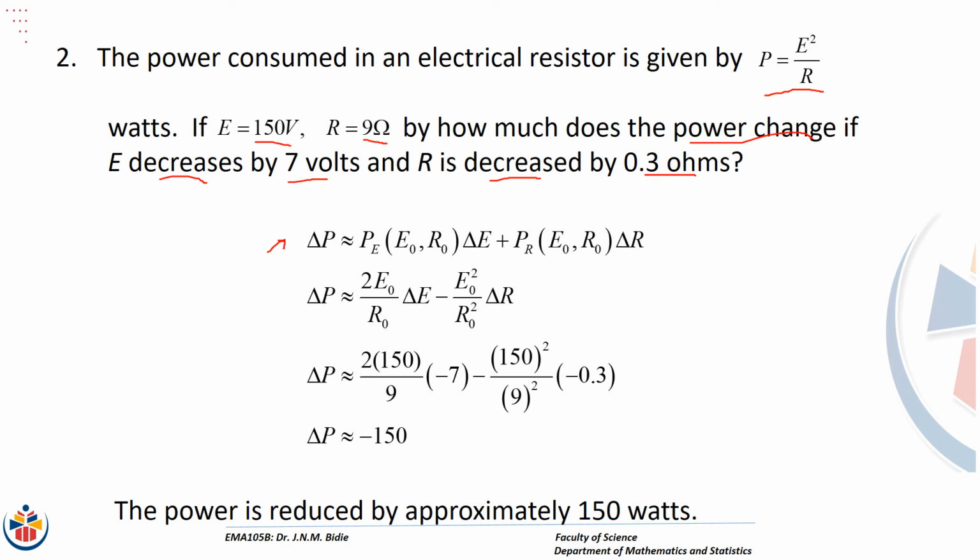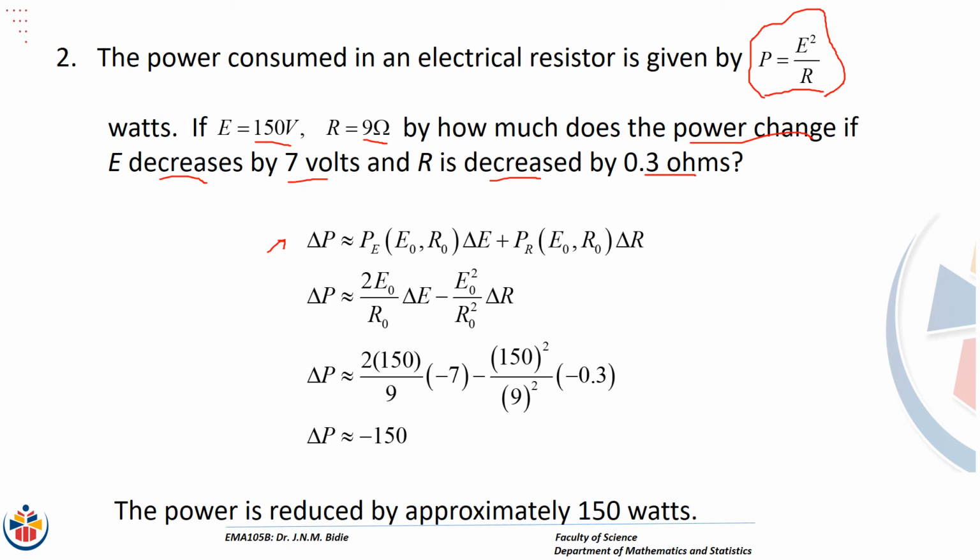Delta P is approximately equal to P differentiated with respect to E, because what you need to note, you just have to go back to the formula. What variables does it have? So you differentiate P with respect to E and P with respect to R, because those are the only 2 variables in that power formula.